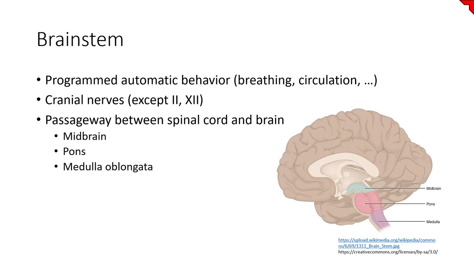And the first structure we want to talk about is the brainstem, which is actually a combination of 3 different embryogenic structures: the midbrain, the pons, and the medulla.